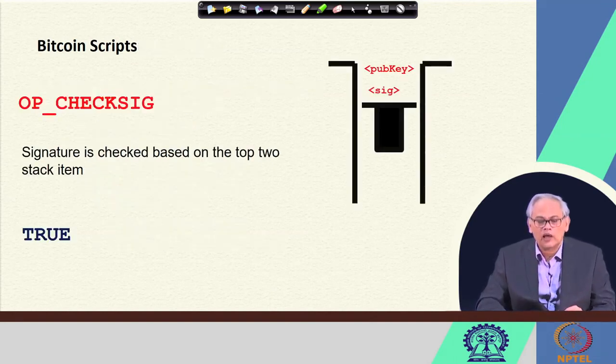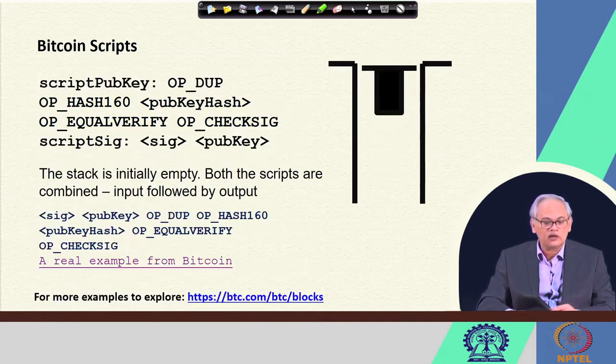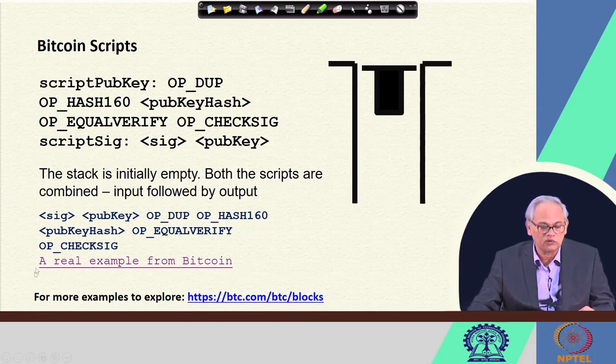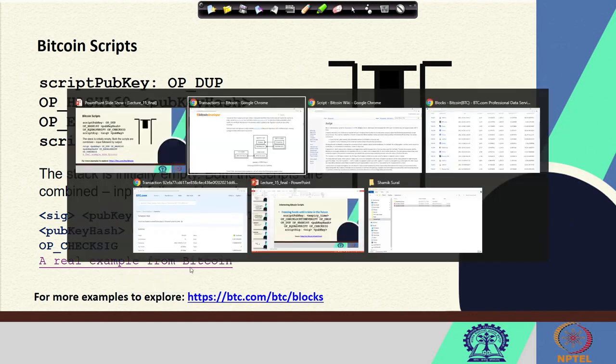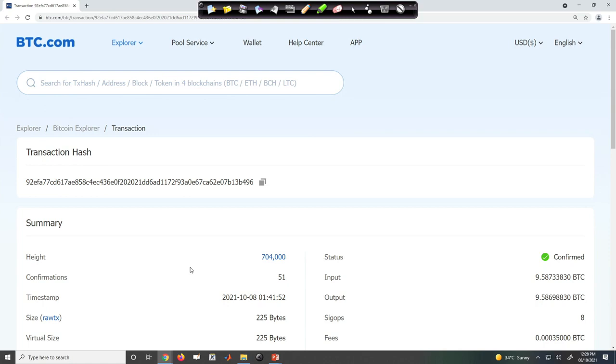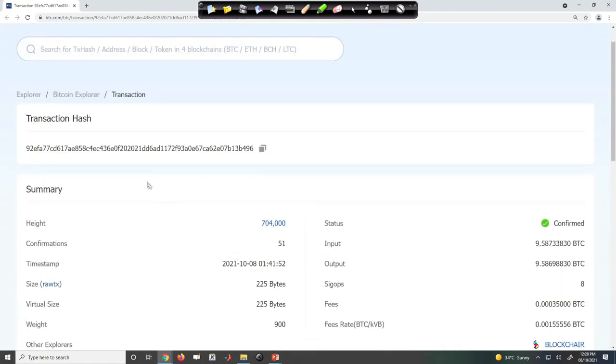Now, having said that, let me go back a little and show you some real examples from Bitcoin, which is what I wanted to show you. I will go to one particular example where we have a particular transaction. This is a transaction that we show here.